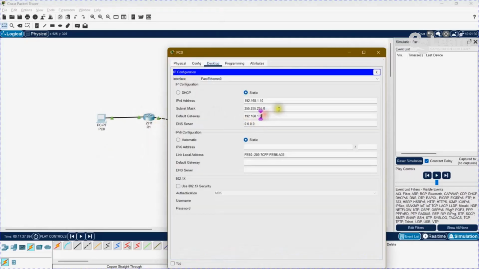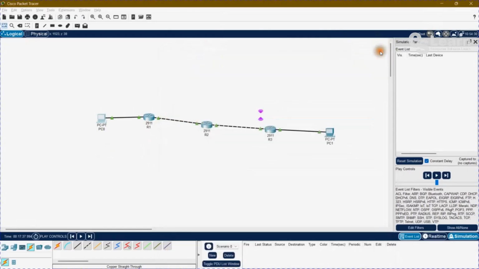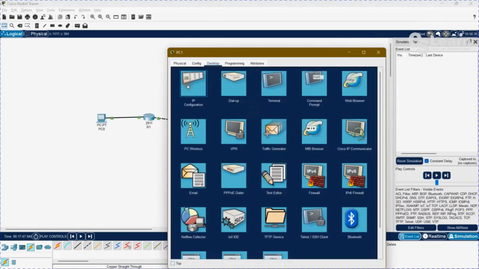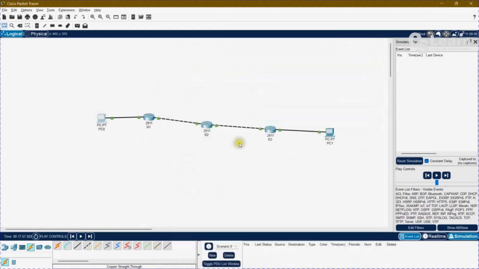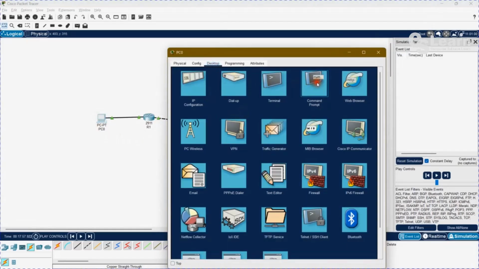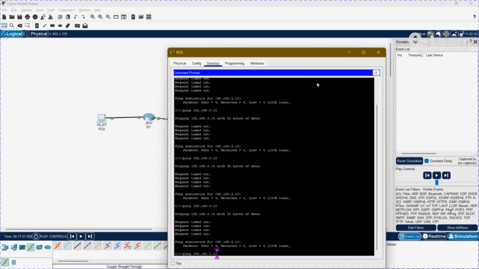Change, yeah, the default gateway should be 1 here, and the default gateway here should be 1, right? So go through and try to change it.